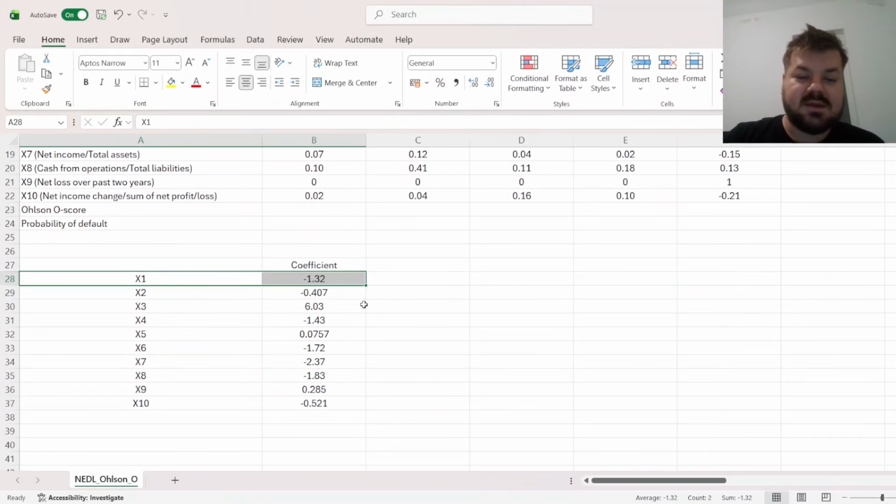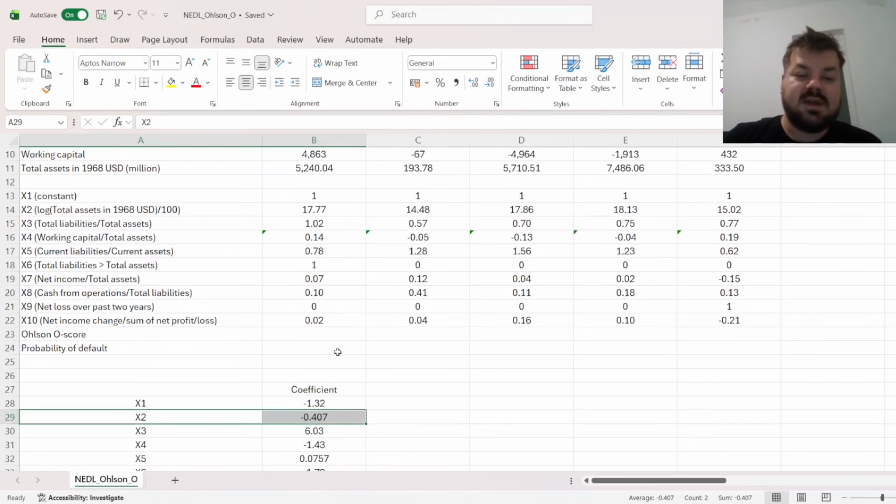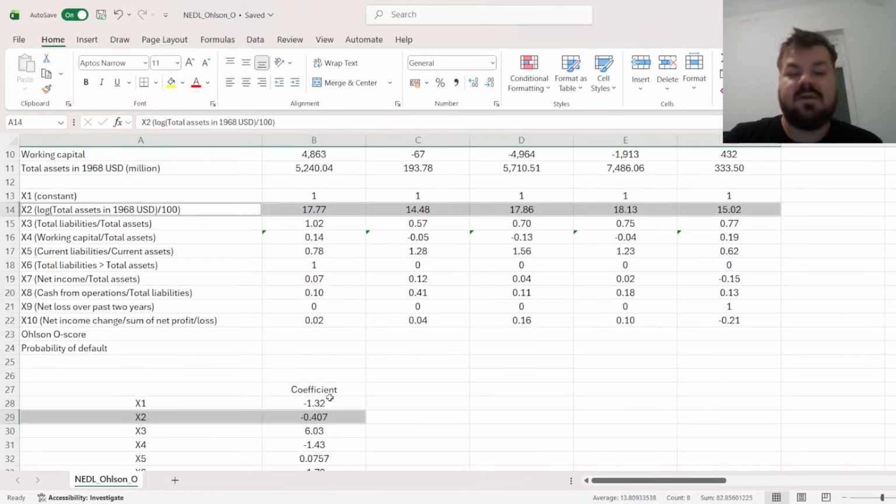And we can discuss some of the relationships here in terms of the size and sign of the coefficient. We can see that larger companies are less likely to default. Again, that's quite a prominent stylized fact. The larger companies tend to have an easier time raising funds, all things held equal.